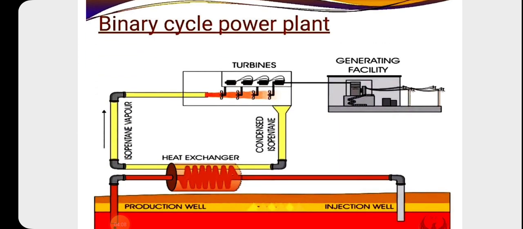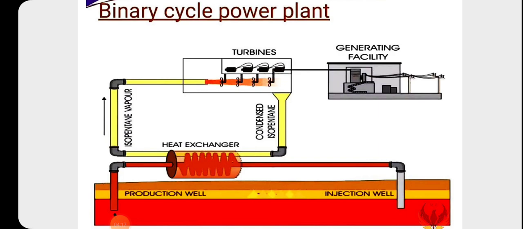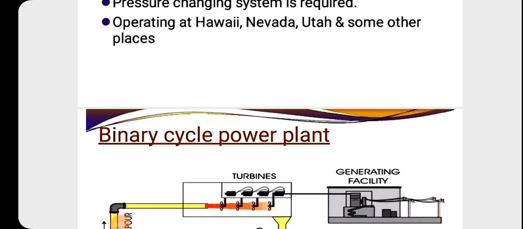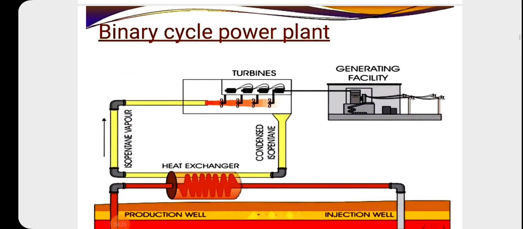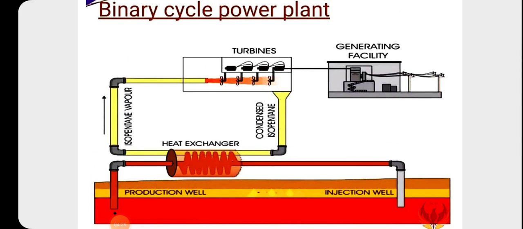The third one is the binary cycle power plant. This is the most common power plant. A flash turbine can be used up to 180 degrees centigrade, while the binary power system is generally used for water at 50 to 60 degrees centigrade.